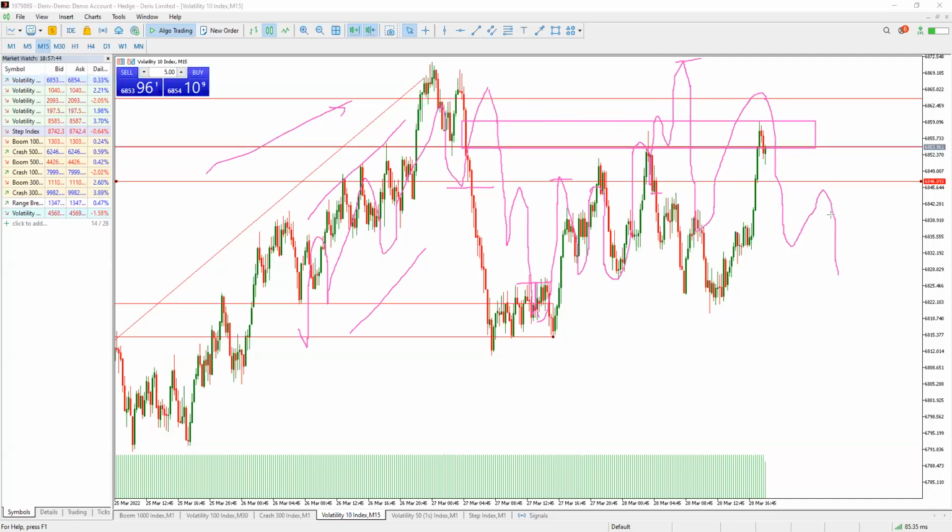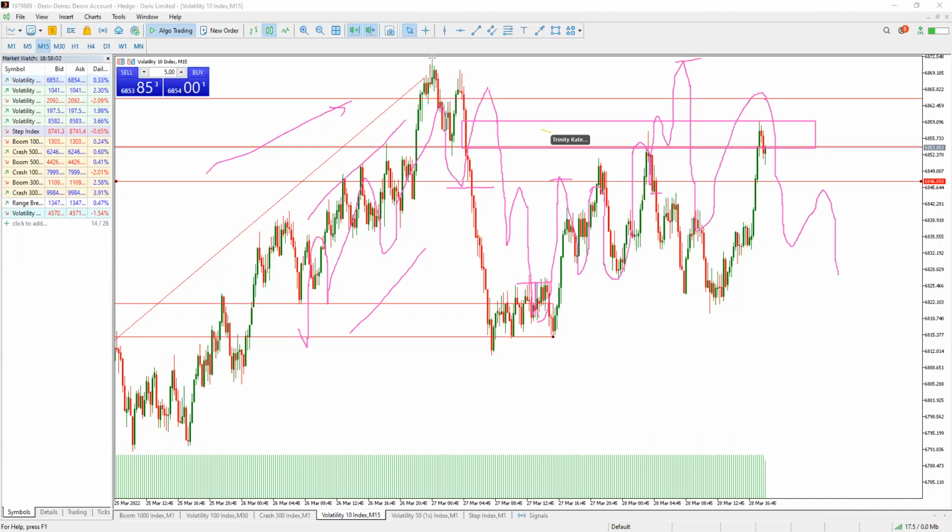Now we are falling. So generally for V10, this is a sell and I would give people a sell signal with my stop loss being where? Being here. It's the highest point here. Why?